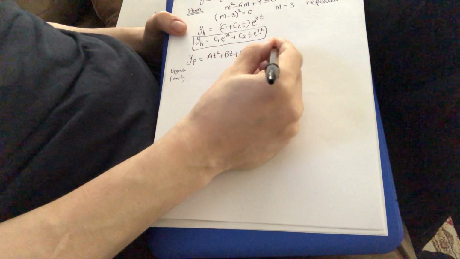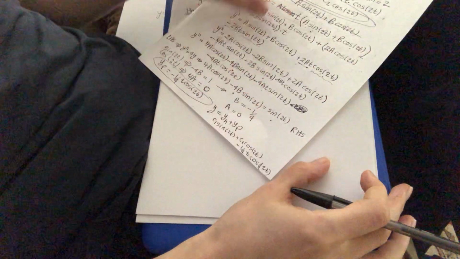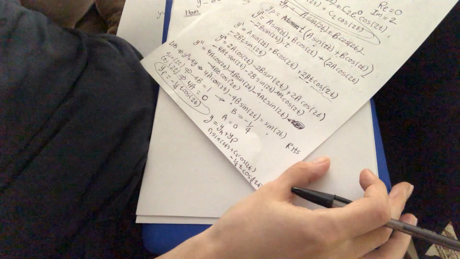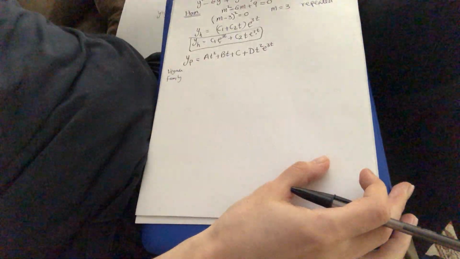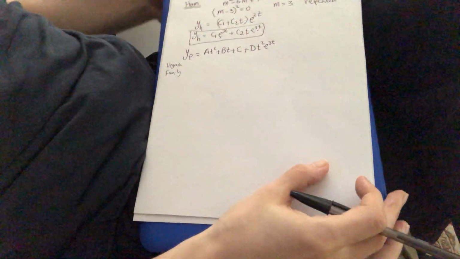So you always go one higher than what you have. In the previous question, we had the sine 2t, so we went one higher, so we added a t only. Here, we have the e, but we have the constant and the t, so we added one more.